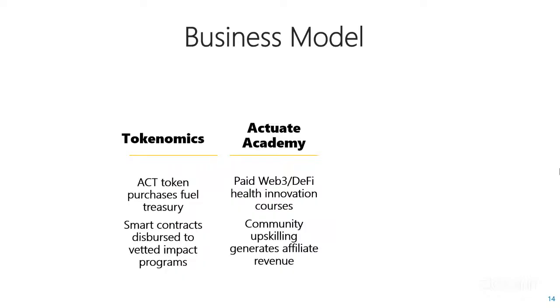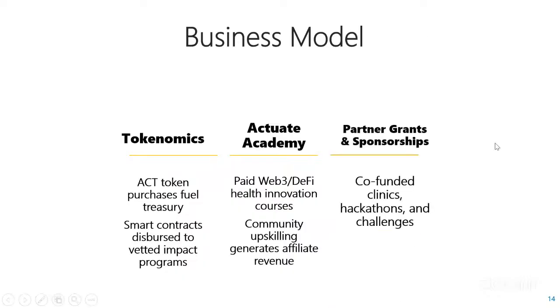We'll also have community upskilling, which will generate affiliate revenue. And lastly, we plan on having sponsorship opportunities, partnering with people who want to co-fund clinics, and we'll also have hackathons and challenges.